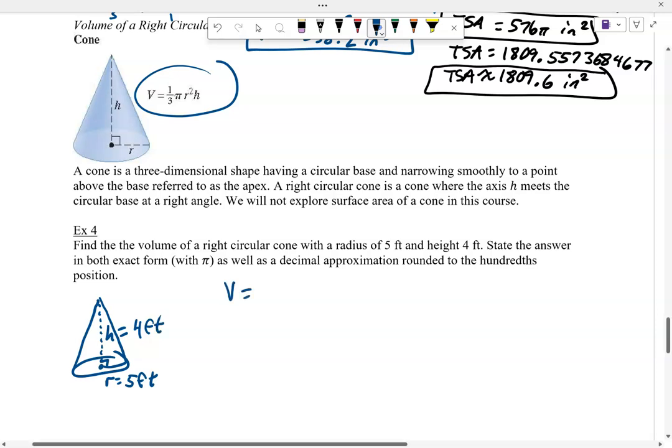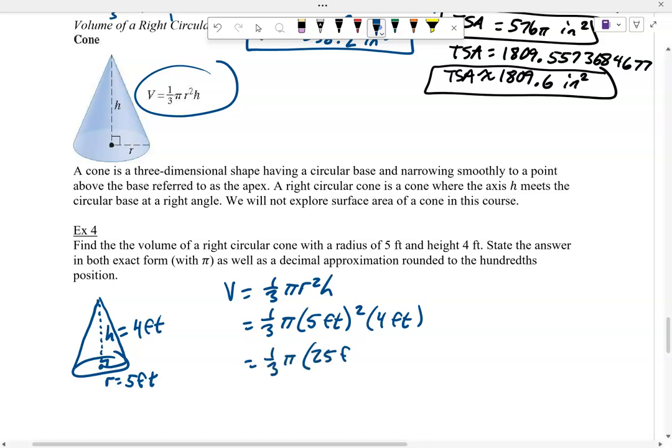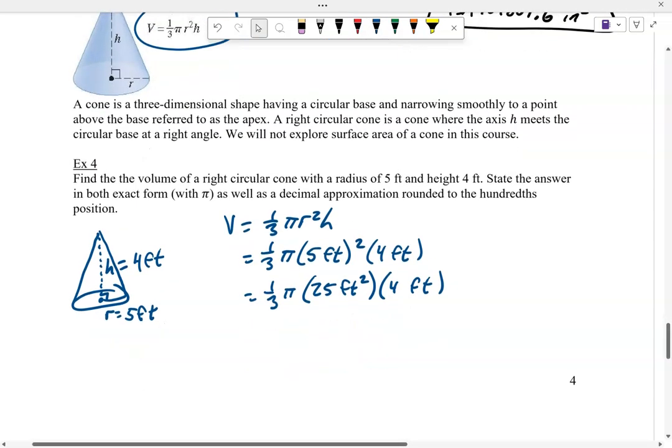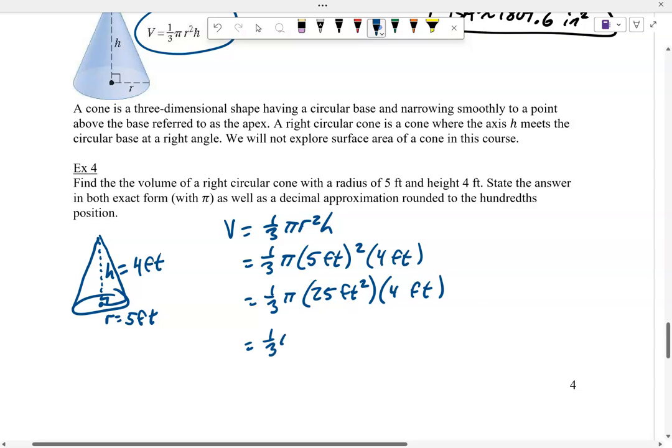Let's go ahead and find the volume, 1/3 pi r squared h. So we've got 1/3 pi, our radius here is 5 feet squared, and our height here is 4 feet. So we got 1/3 pi, 5 times 5, I got 25 square feet times 4 feet. So now I got 1/3 pi, 25 times 4 is 100 feet squared times another feet is cubic feet.